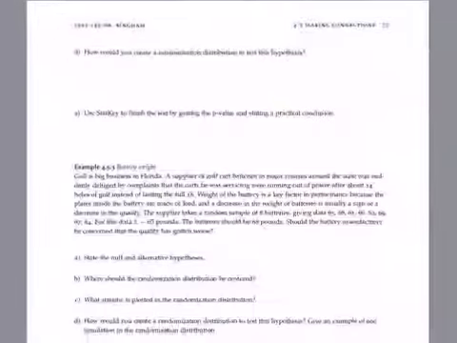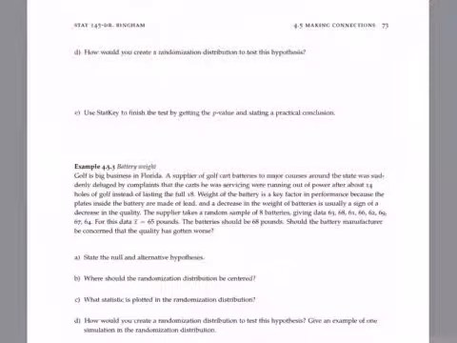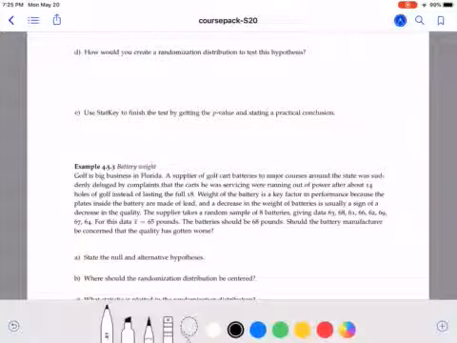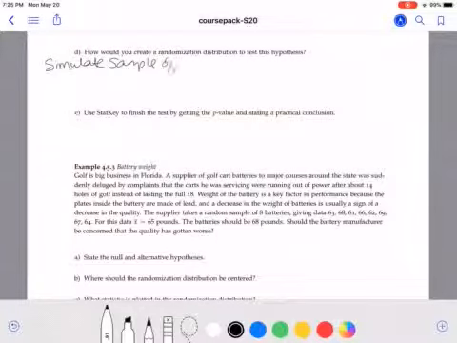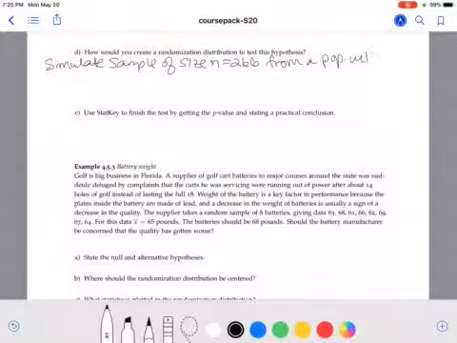So how would we end up creating a randomization distribution? When StatKey does this for us, what is it doing? If you look at the summary of the different cases, when we have a single proportion, StatKey is going to simulate a sample of the size that we specify, which here is 266, from a population with the null value, so with p of 0.02.